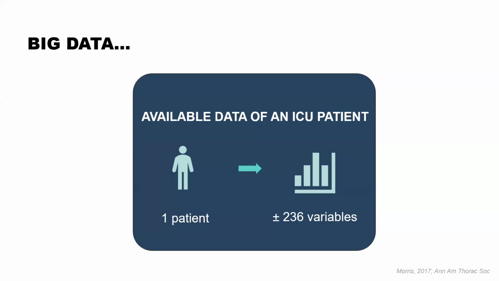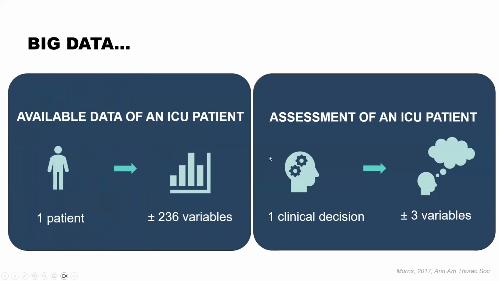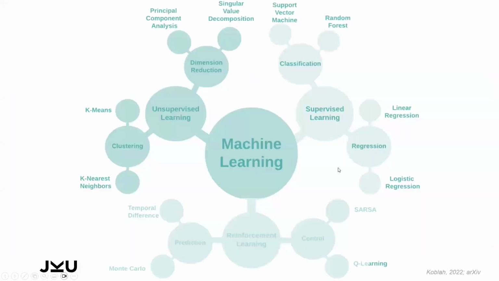But of course, our working memory is limited to just a few variables, about 3, to make clinical decisions on. So what can we do with the rest of this data?